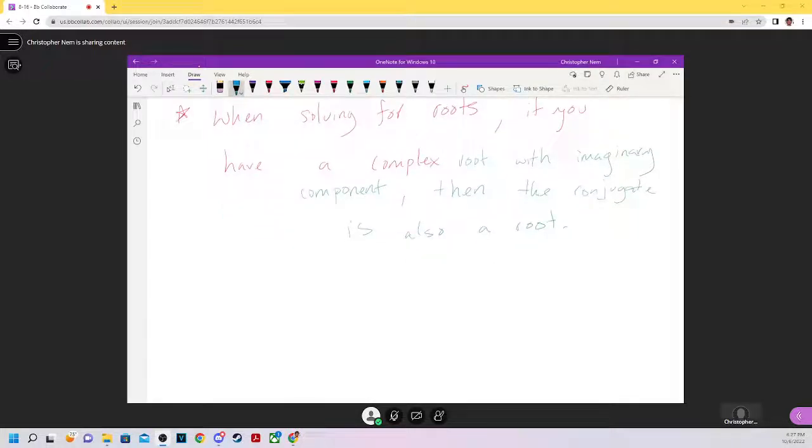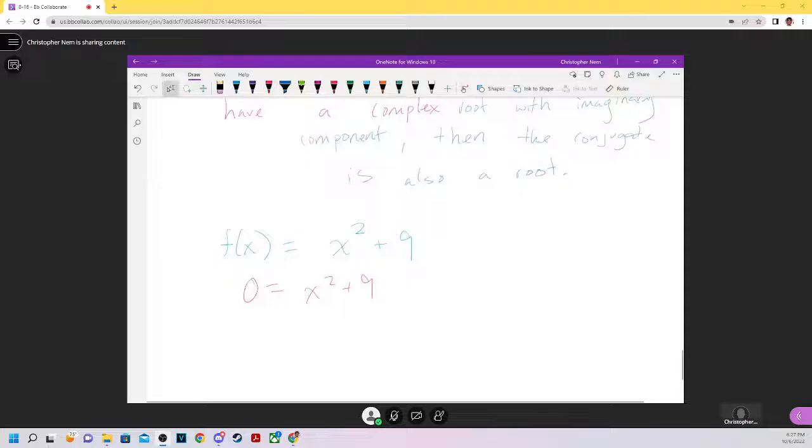Let's say I'm trying to solve for f of x equals x squared plus 9. If I want to find the roots here, I set my output equal to 0. x squared plus 9 equals 0. Subtract 9, so x squared equals negative 9. Square root both sides, plus or minus.